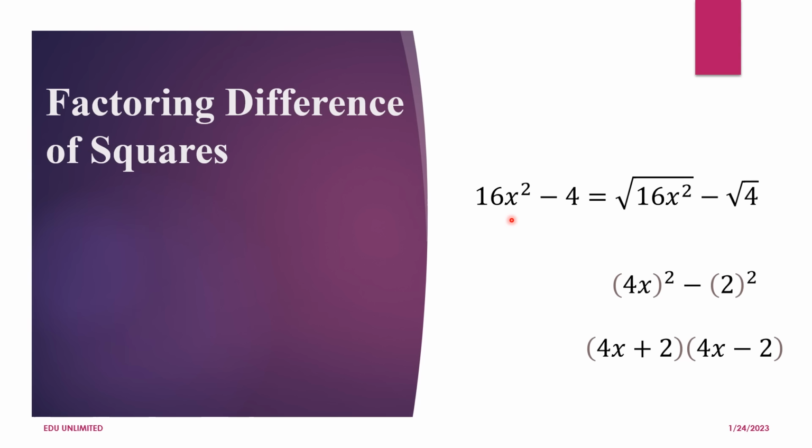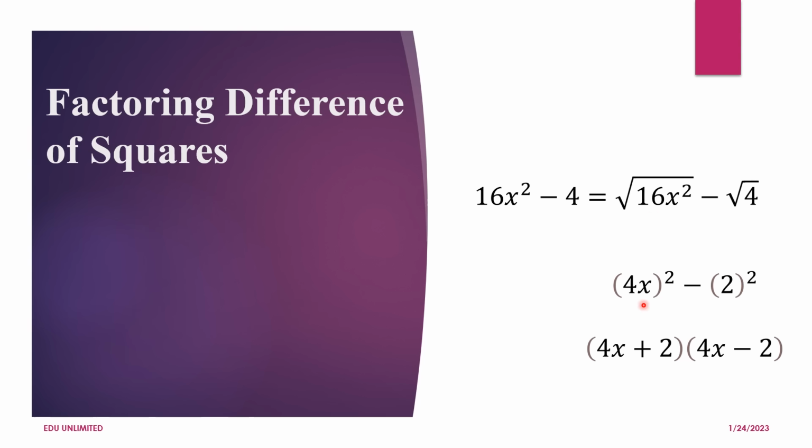So it reads 16x squared minus 4. If we were asked to factor or factorize this, the first thing that we would do is to find the square root of 16x squared. The square root of 16x squared must be 4x.